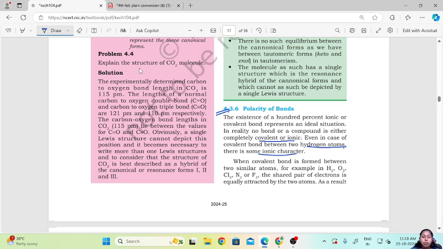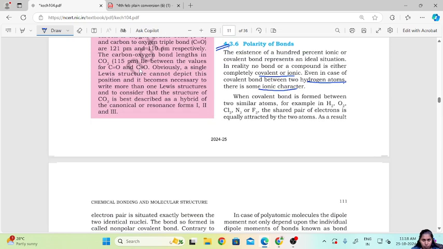When a covalent bond is formed between two similar atoms, for example hydrogen, nitrogen, chlorine, that is H2, N2, Cl2, the shared pair of electrons is equally attracted by the two atoms. Since both atoms are similar, there is no ionic bond formation; it is basically covalent bond formation.